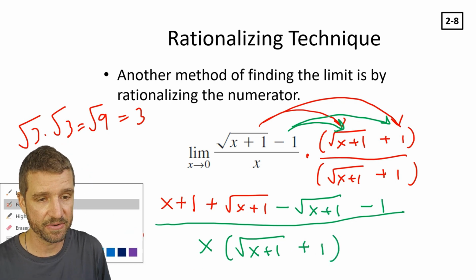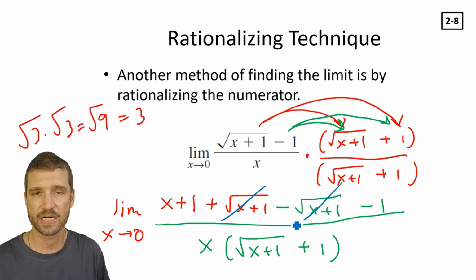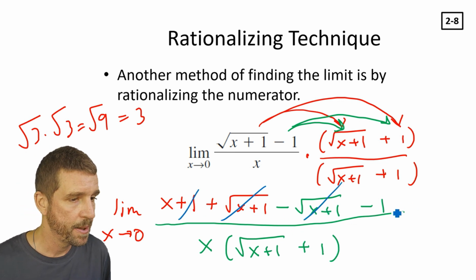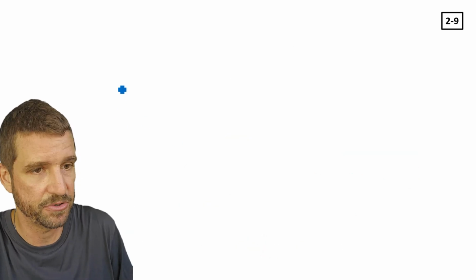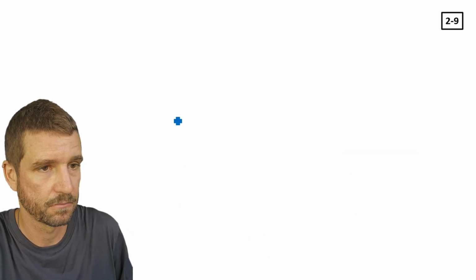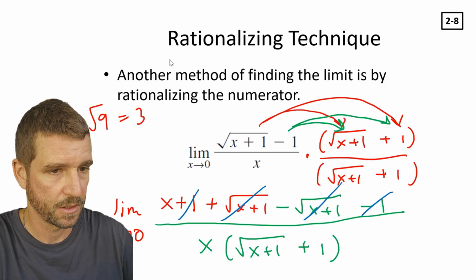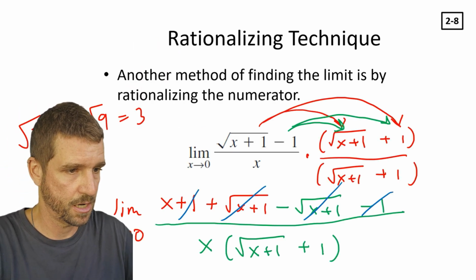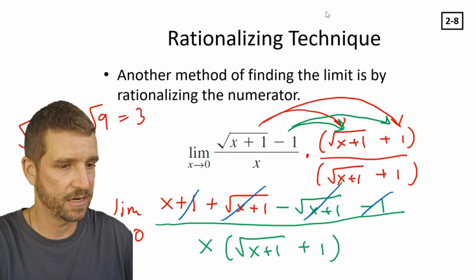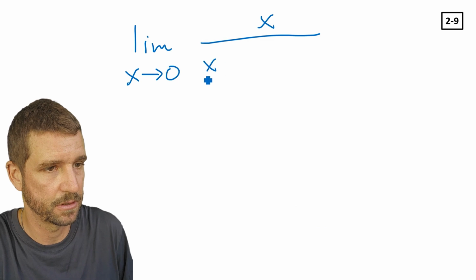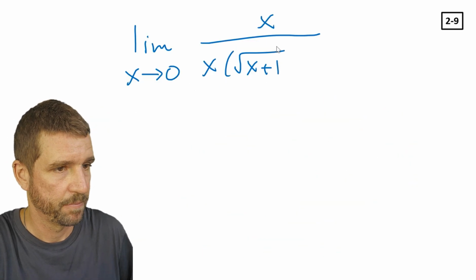Now what happens is we have a lot of stuff that crosses out. Square root of x plus 1 minus square root of x plus 1 is going to go away. 1 minus 1 is going to go away. And you're going to be left with the limit as x approaches 0 of only an x on the top, divided by the bottom, which is x times square root of x plus 1 plus 1.